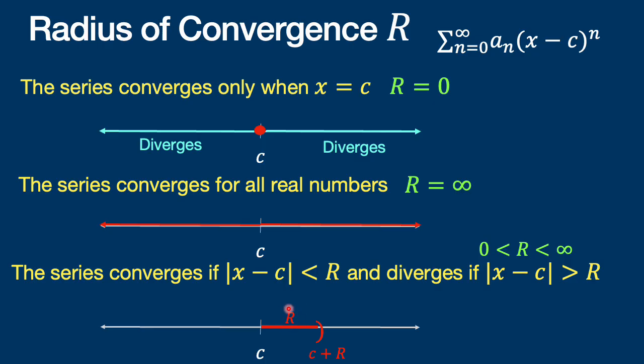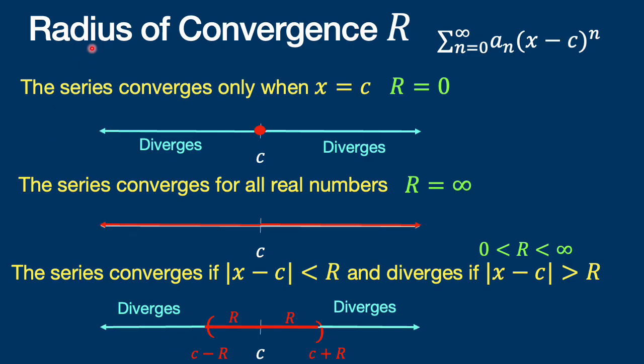That red interval converges. Also, going to the left by r, the endpoint is c minus r. Between c minus r and c plus r, including c, the series converges. Outside, it diverges. Another way to say it: if x is greater than c plus r, it diverges, and if x is less than c minus r, it diverges.